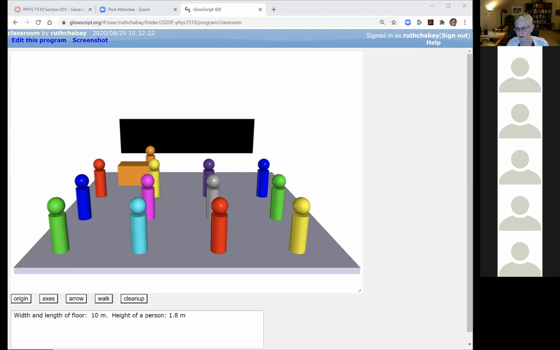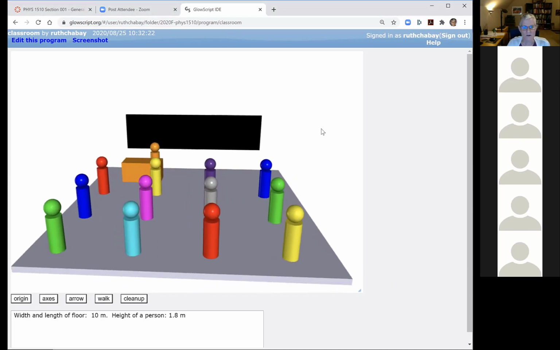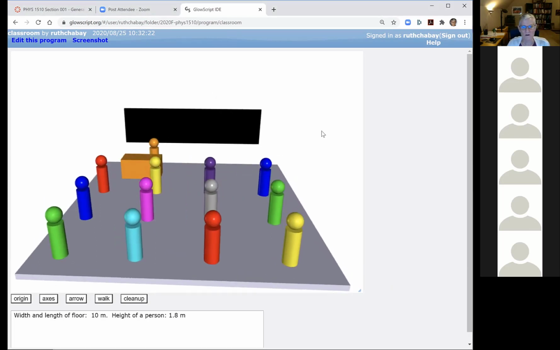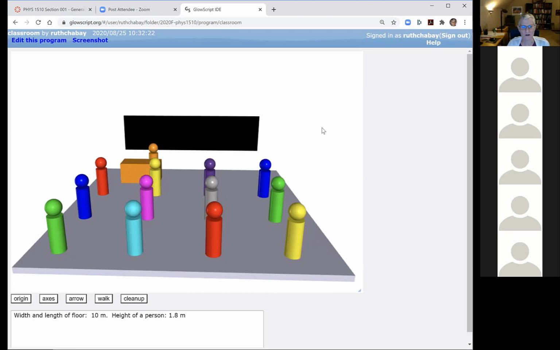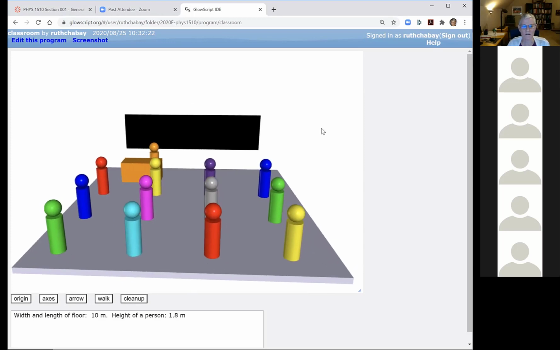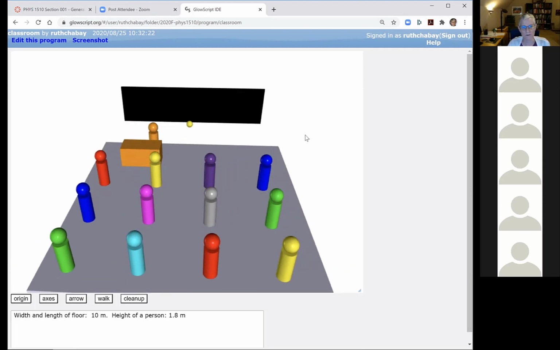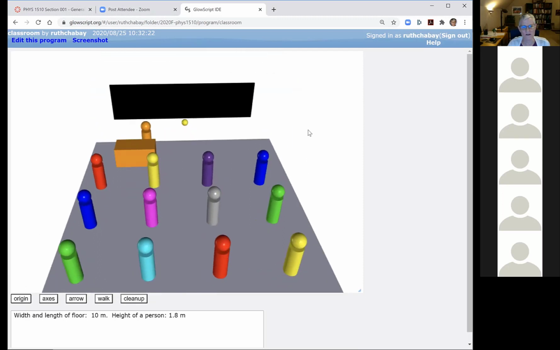So that's what happened. So here is our virtual classroom, and in order to make any measurements, to locate anything in it, we're going to need an origin and axes. So we're going to put an origin in the classroom, and that's going to be the yellow ball here. That's going to be our origin. That's 0, 0, 0.